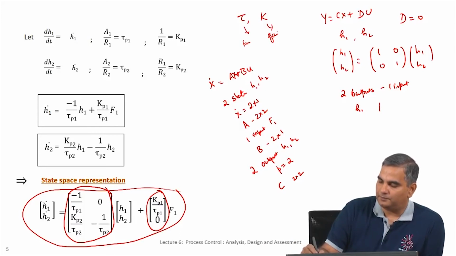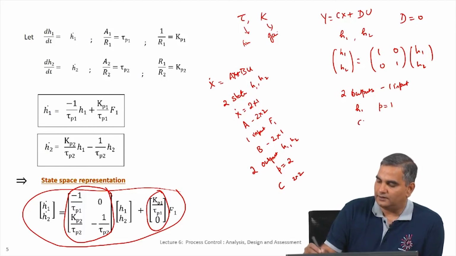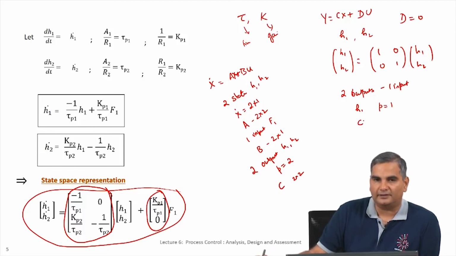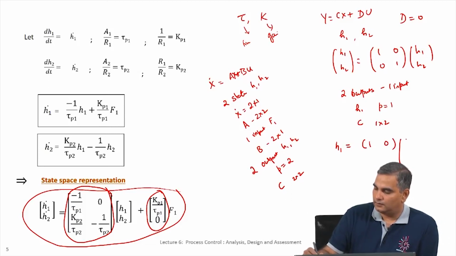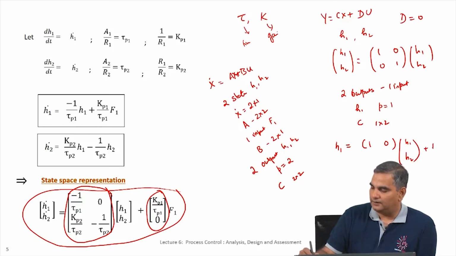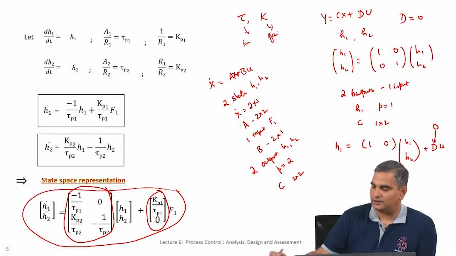So, in this case p equals 1, and the C matrix will have to be of size 1 by 2. When you write H1, you write it as [1 0] times [H1; H2], that is Cx, again plus Du, and since there is no effect of u here, D is 0. So, H1 is the output and C is 1 by 2.